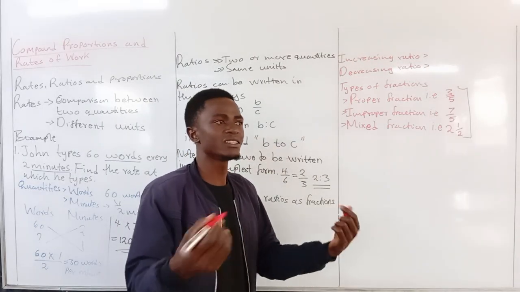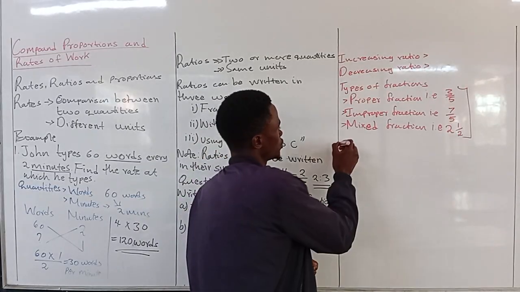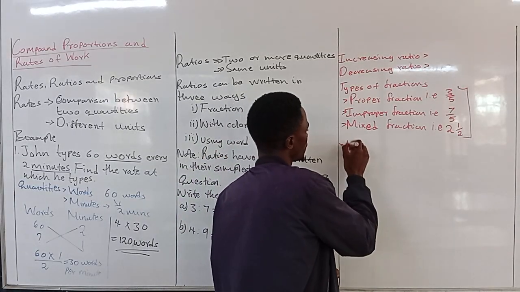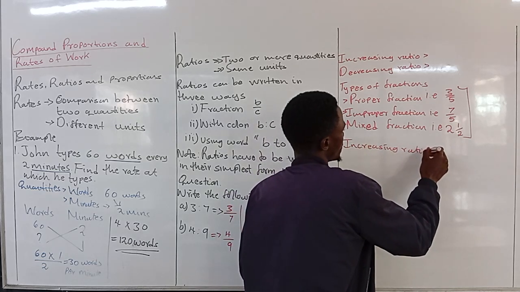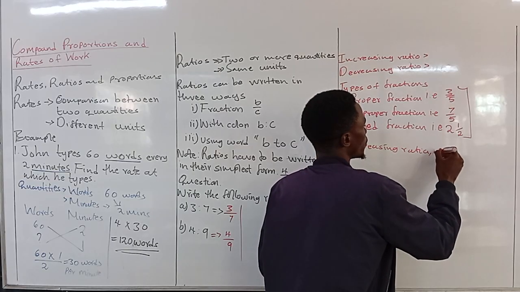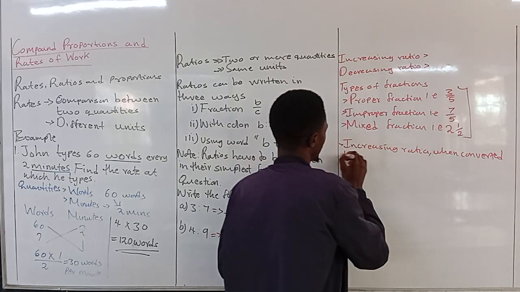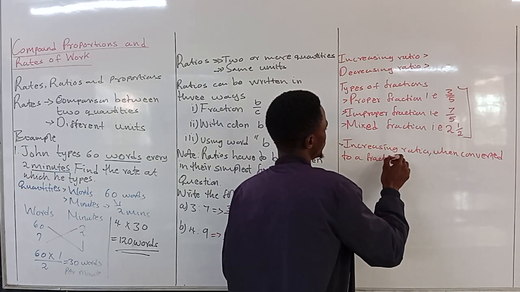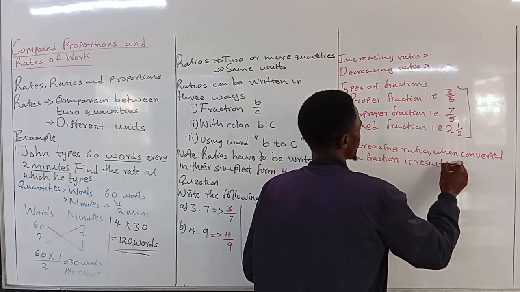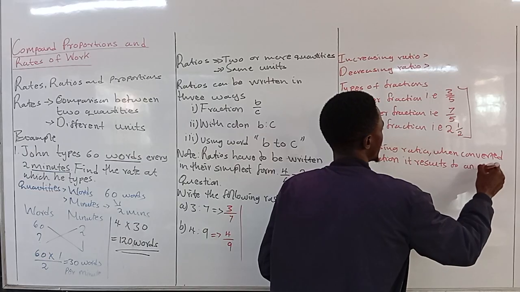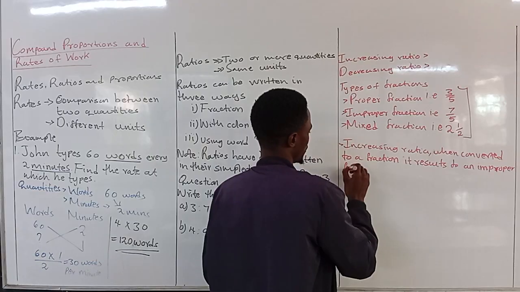So how do you identify an increasing ratio? For an increasing ratio, when converted to a fraction, it results in an improper fraction.